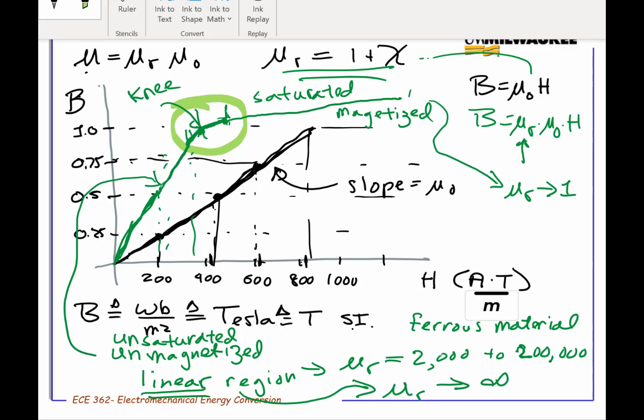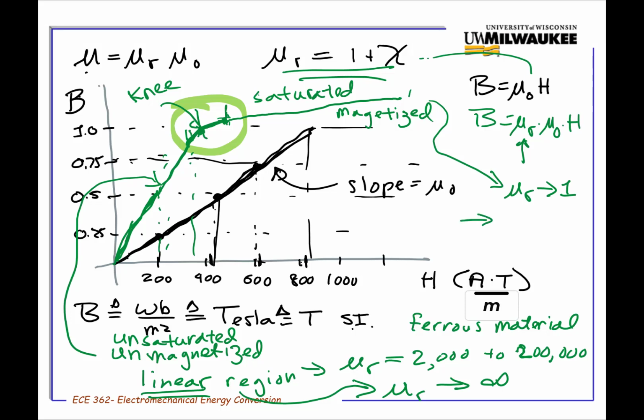Now this curve here, and I'm using this green color, I'm going to say that the green is a ferromagnetic material. Typically, this is like silicon steel. It's a typical type of material that you would be encountering.